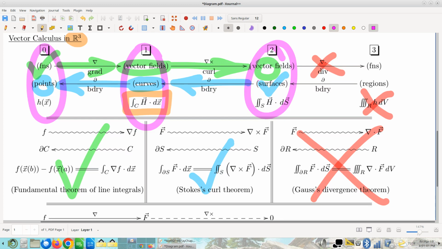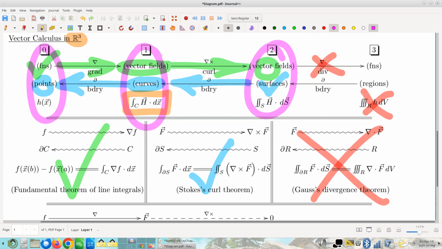You're plugging the same point in twice and then subtracting, subtracting some value from itself. Again, a freebie, easy calculation, you get 0. You don't even have to compute the anti-gradient. It's f of something minus exactly the same thing. So, again, much easier.